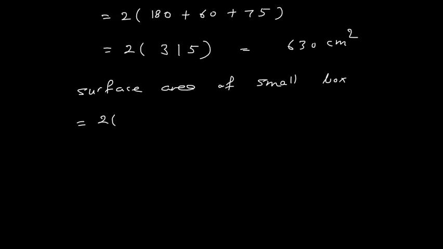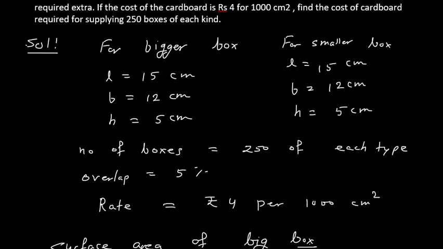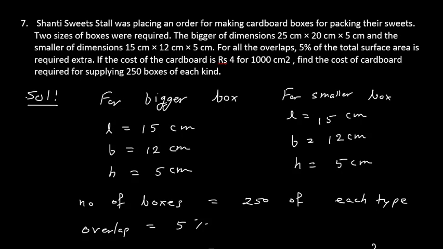This is 2 into, now the length for the small box is 15, 12, 12, 5. Oh, for big and small I have written the same thing. Now for the bigger box the dimension is 25, 20 and 5.